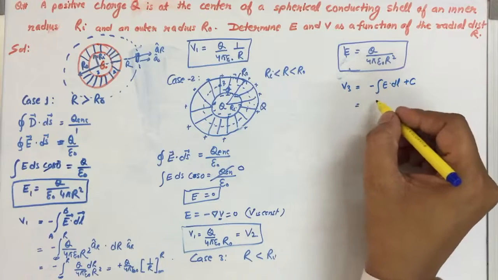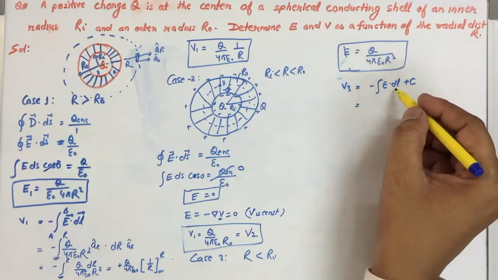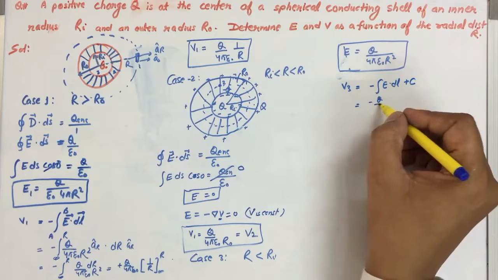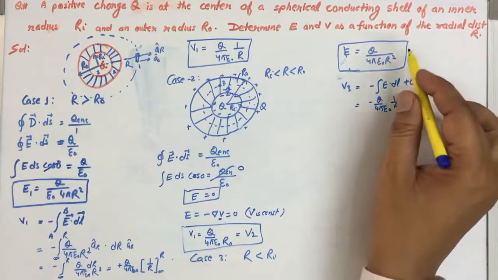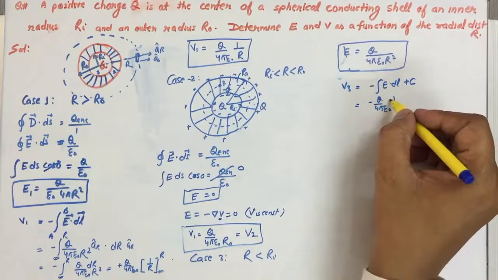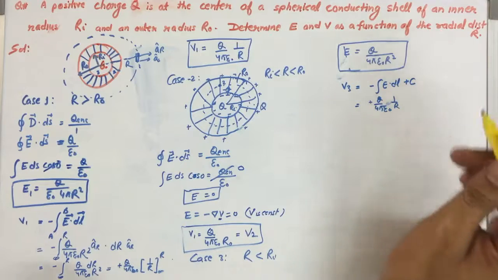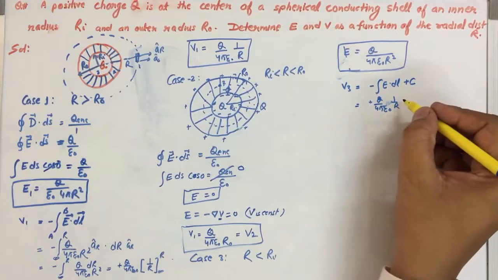If we integrate, E is known to us here, and dl will be dr. So we can say minus q by 4 pi epsilon naught, the integration of 1 by r with a minus sign. So minus this and minus this, it will be a plus sign, so I am removing the minus from there. It is our E, and plus C will be there.